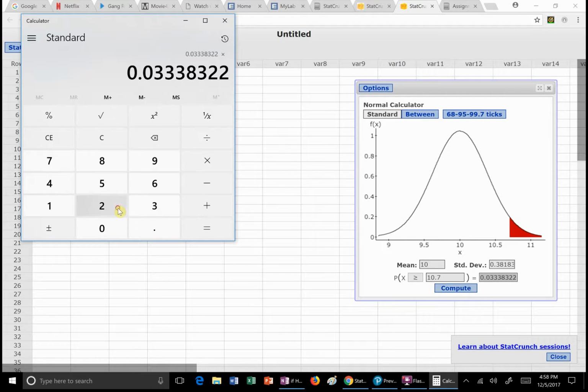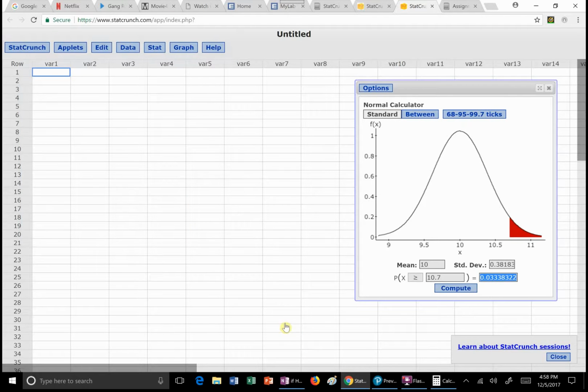There we go. Okay. So my p-value is going to be roughly, rounded to 4 decimal places, 0.0668, right? Go ahead and enter that.